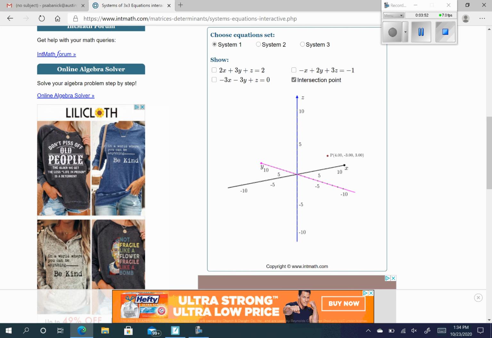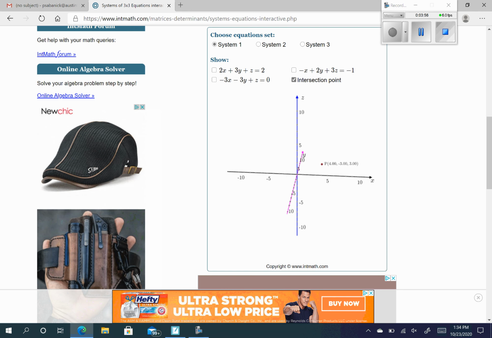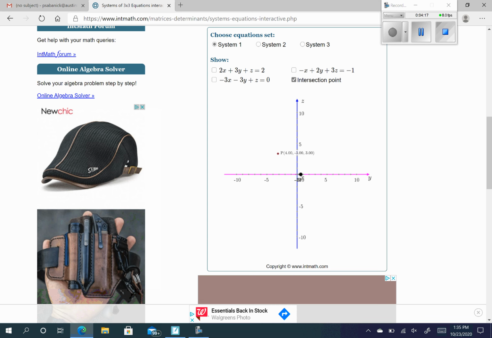All right, so again, the first value is the x. So if I were to rotate this a little bit better, we could see this is our x-axis now. And I'm right over the 4 on the x-axis. And if I turn this to the y-axis, kind of lining it up here, it all depends on how we have this rotated. But this -3, if you notice this point is over -3 on the y-axis, and then it's up to 3 on the z-axis.